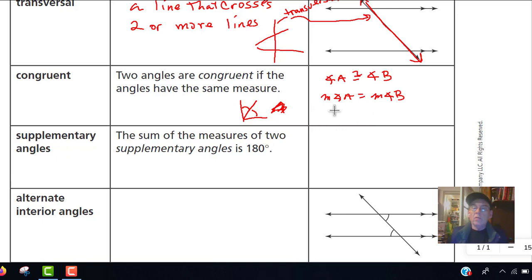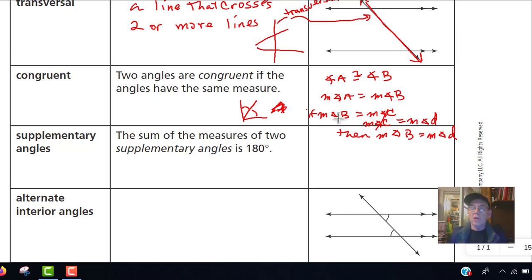And there's a transitive property of congruence. If the measure of angle B equals the measure of angle C, and the measure of angle C equals the measure of angle D, then the measure of angle B equals the measure of angle D. This is an example of what we would call the law of syllogism, which is the same thing as the transitive property in algebra.